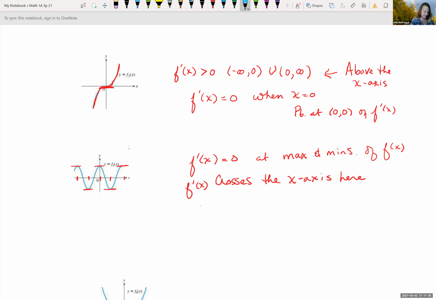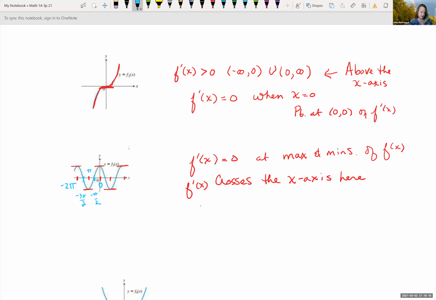And so I don't know if this is the cosine function or not. If it was, this would be, what would it be? Sorry, I need to think about it for a second. Backwards. Sorry, this is negative 3 pi halves. This would be pi. This would be 0. And this right here would be negative pi halves.